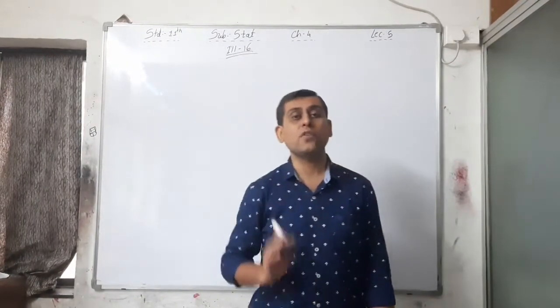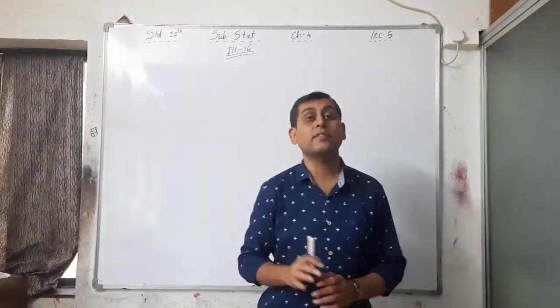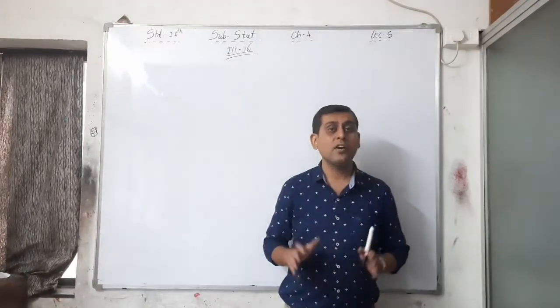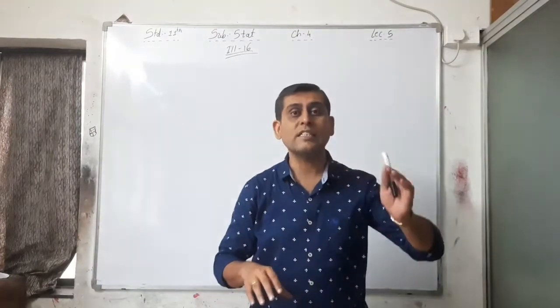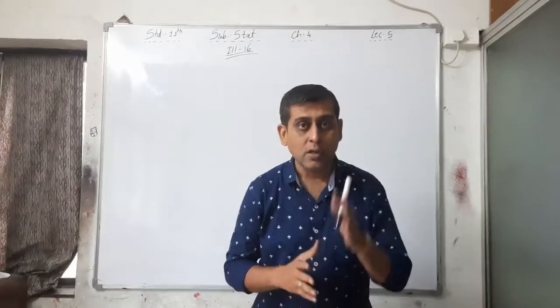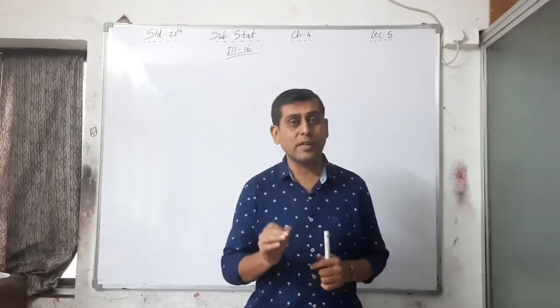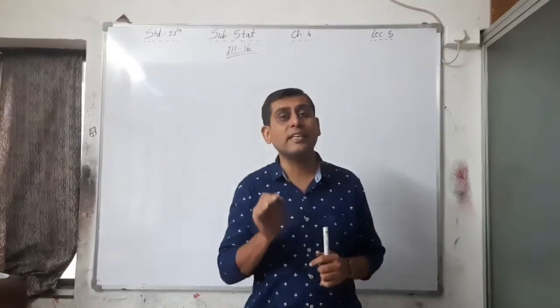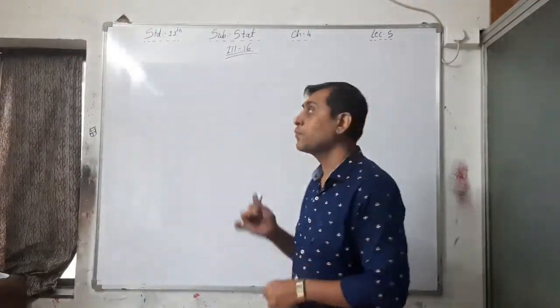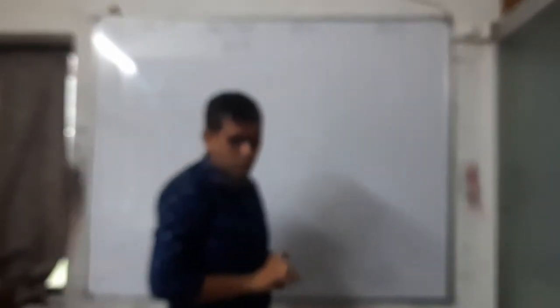Again, it is specifically asked that you have to use the shortcut method, and by seeing the data, which type of data is given here? It is a discrete group data, right? So you have to write this by shortcut method compulsorily, and here the question is given of the discrete group data. So see, I am writing the question first.